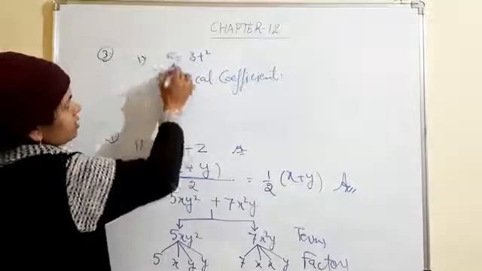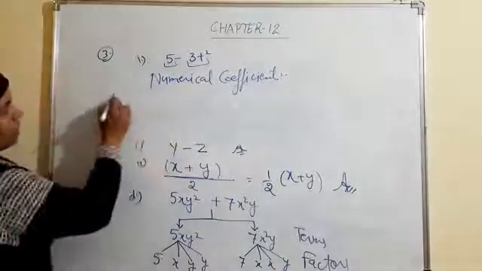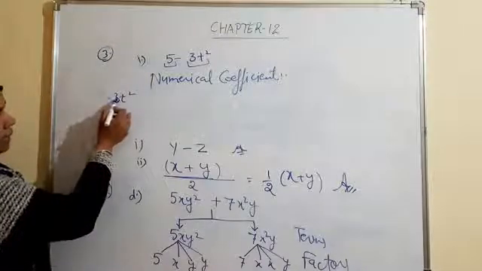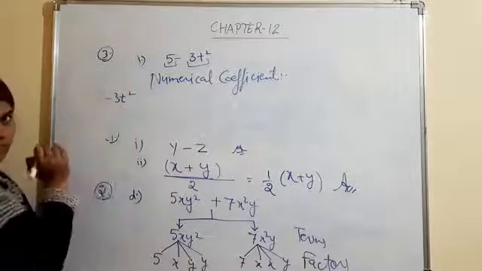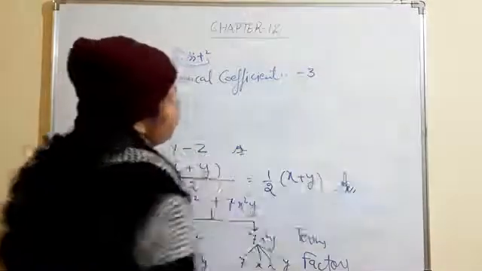So we will leave the constant and consider this term. In this term we have minus 3t square. Minus 3 is multiplied with the variable t square, so the numerical coefficient will be minus 3.